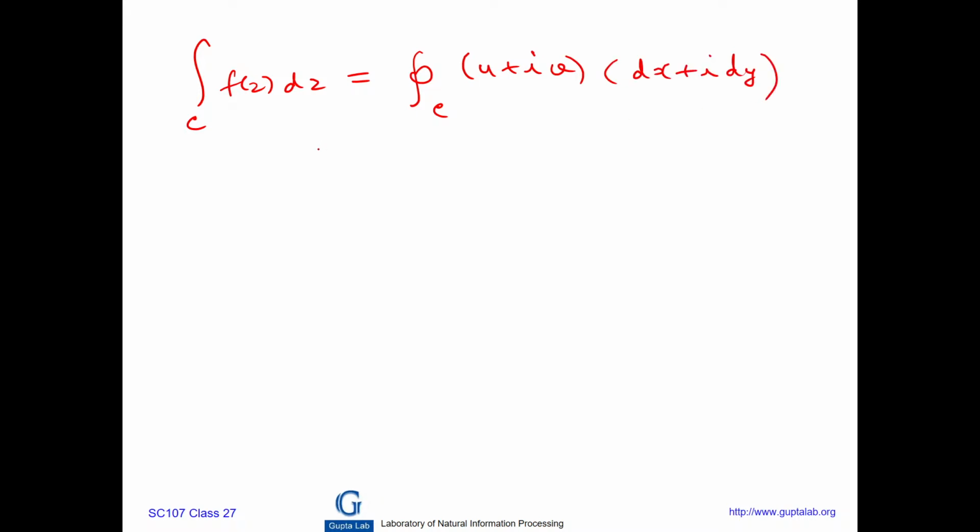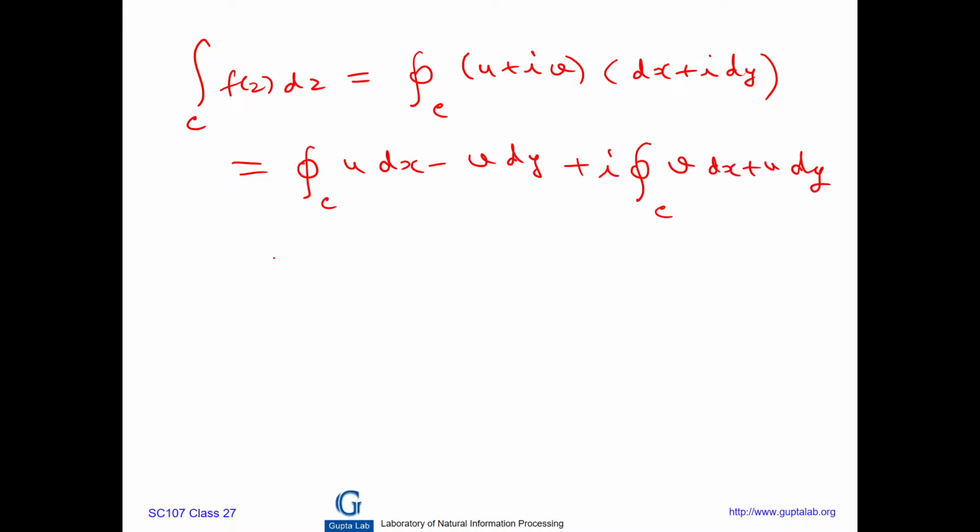Hence we can say that the integration along C of f of z dz will be the integration along C of u plus iv times dx plus i times dy, which is equal to the integration along C of u dx minus v dy plus i times the integration along C of v dx plus u dy. Now I can apply Green's theorem: integration along C of P dx plus Q dy is equal to the double integral of del Q over del x minus del P over del y, if you remember that formula.